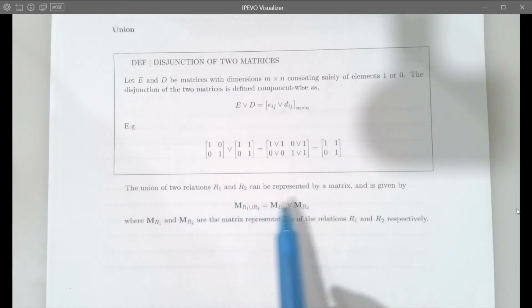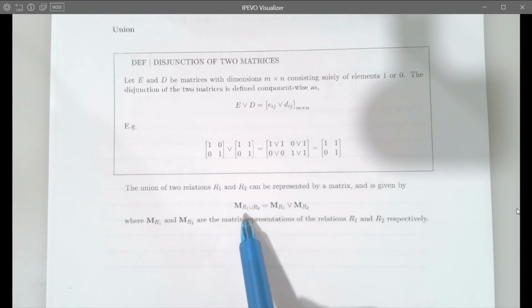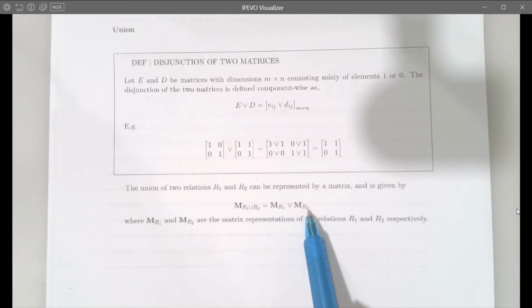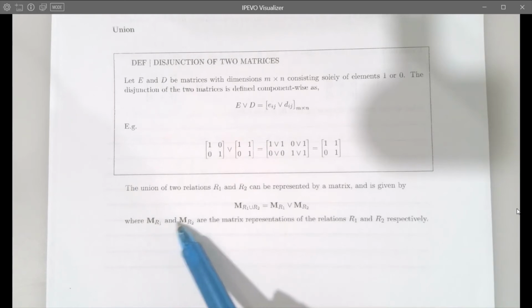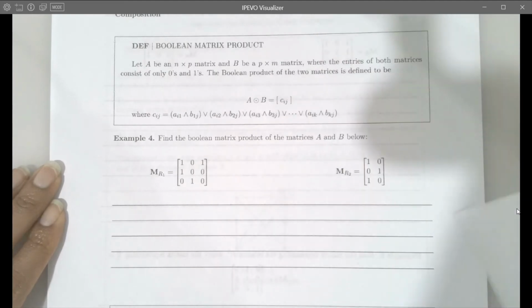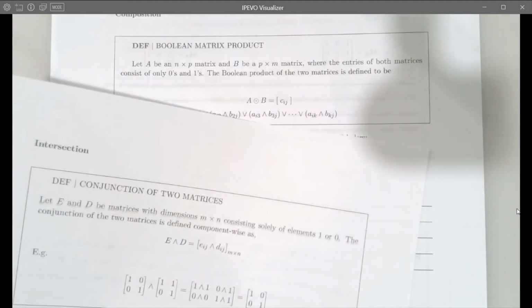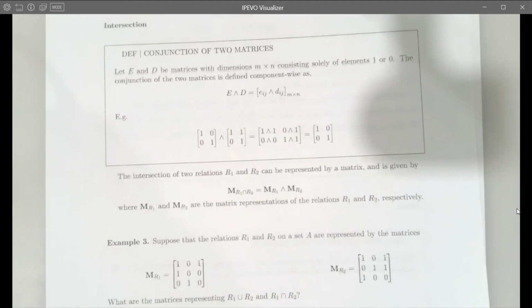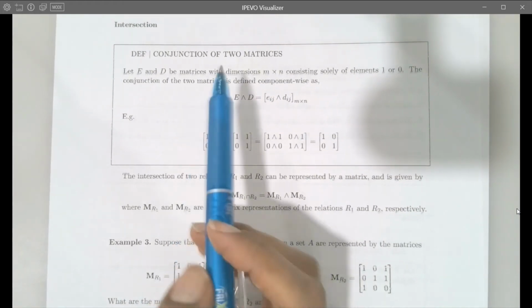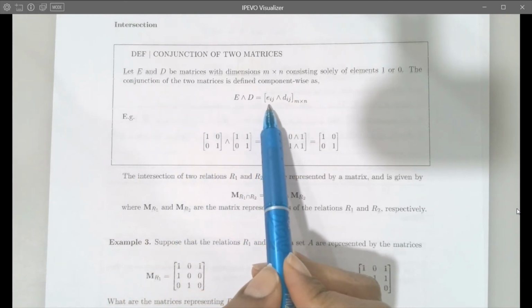So suppose that we want to find R1 union R2, then the matrix of that union is the same as the matrix of R1 disjunction with the matrix of R2, where MR1 and MR2 are matrix representations of R1 and R2 respectively. Before we look at an example, let's also look at the intersection since it's very similar. Intersection will be defined also component-wise.